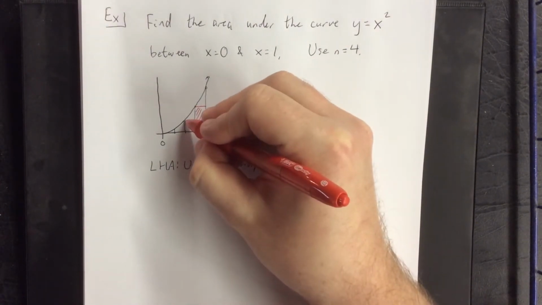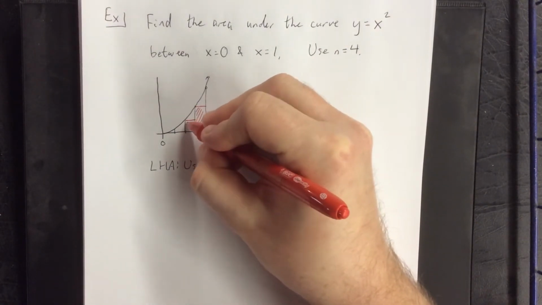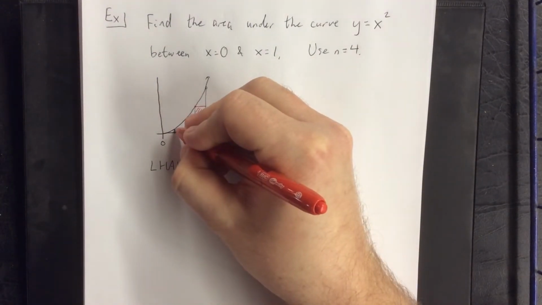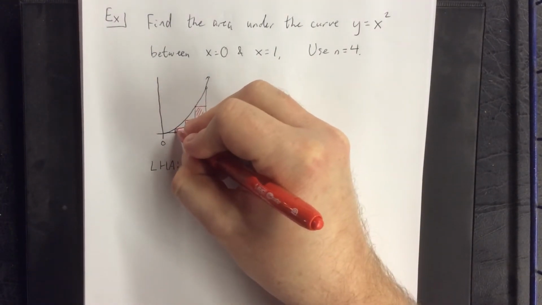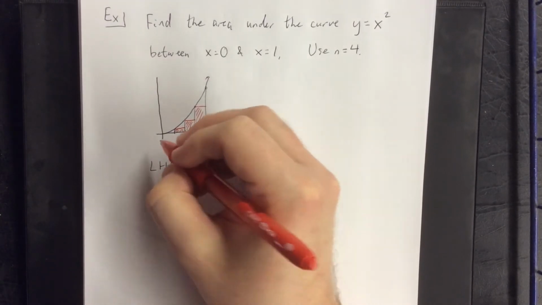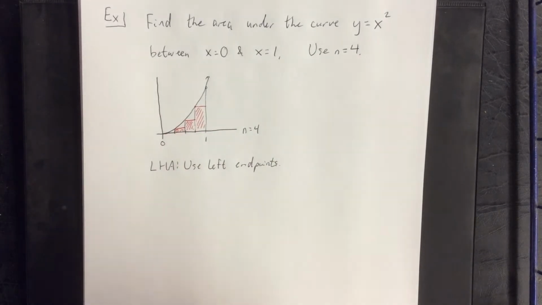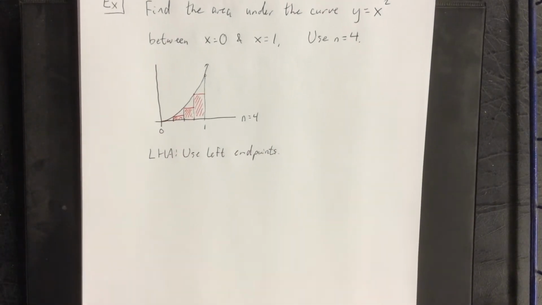On the second to last interval, we connect left endpoint straight across to create a rectangle. For this interval, we connect across from the left. Now, when we connect across from the left on the first interval, we're actually connecting the point 0, 0 over there, so that height is going to be 0.